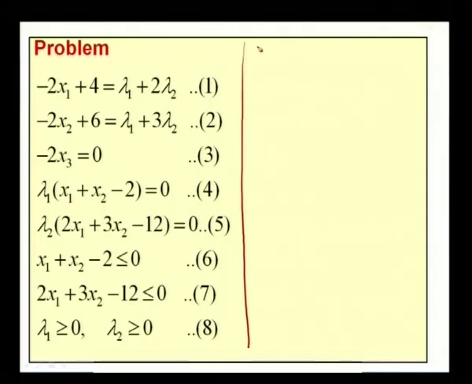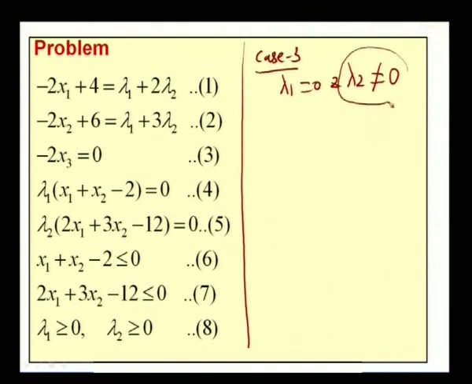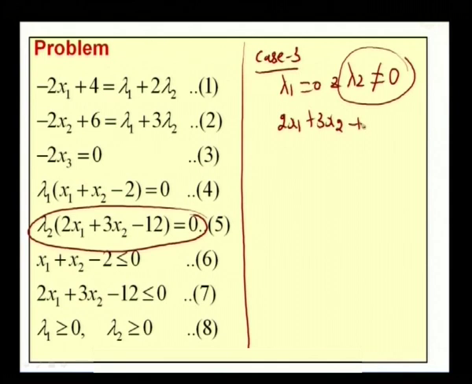Now, we consider case 3. Case 3 is lambda 1 equal to 0, but lambda 2 non-zero. Since lambda 2 is non-zero, from equation 5 we have 2x1 plus 3x2 minus 12 should be 0. We write it as 2x1 plus 3x2 minus 12 equal to 0.